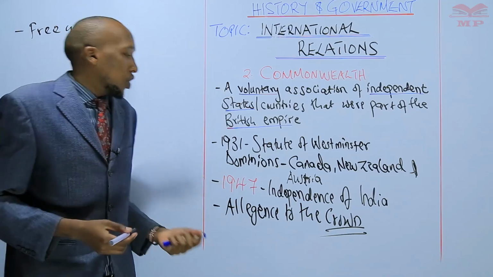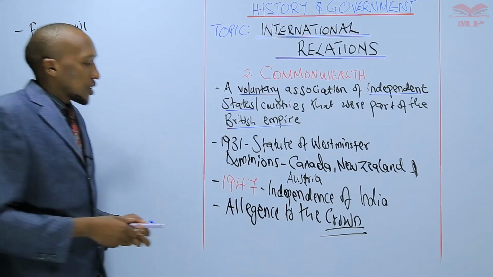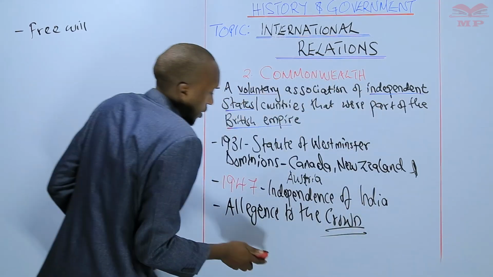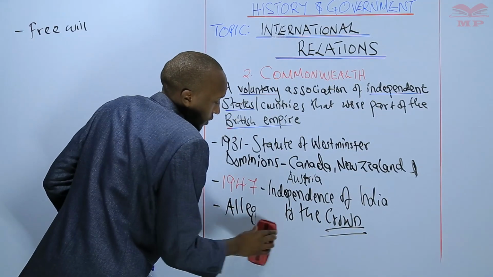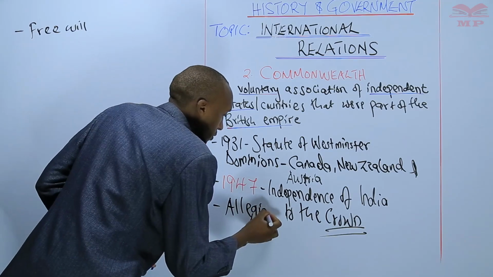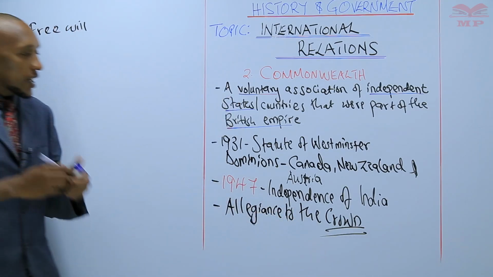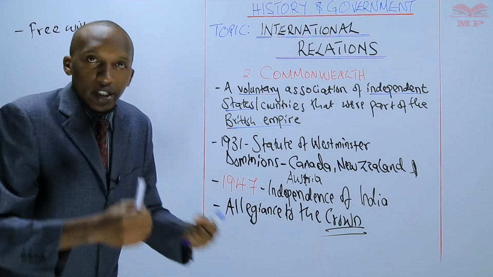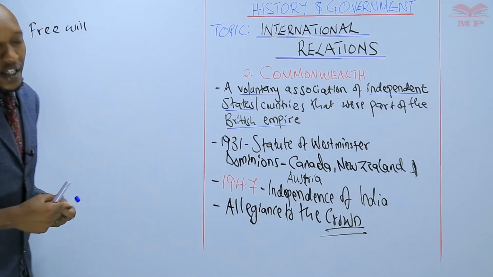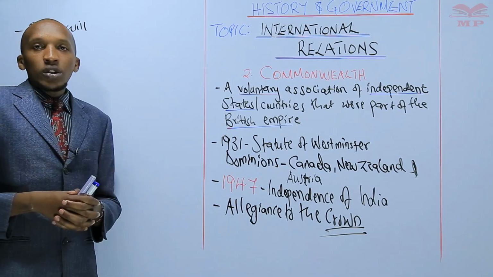But as you join, you had to pay allegiance. They had to pay allegiance to the crown or accept the queen or the king in Britain to be the head of the Commonwealth.